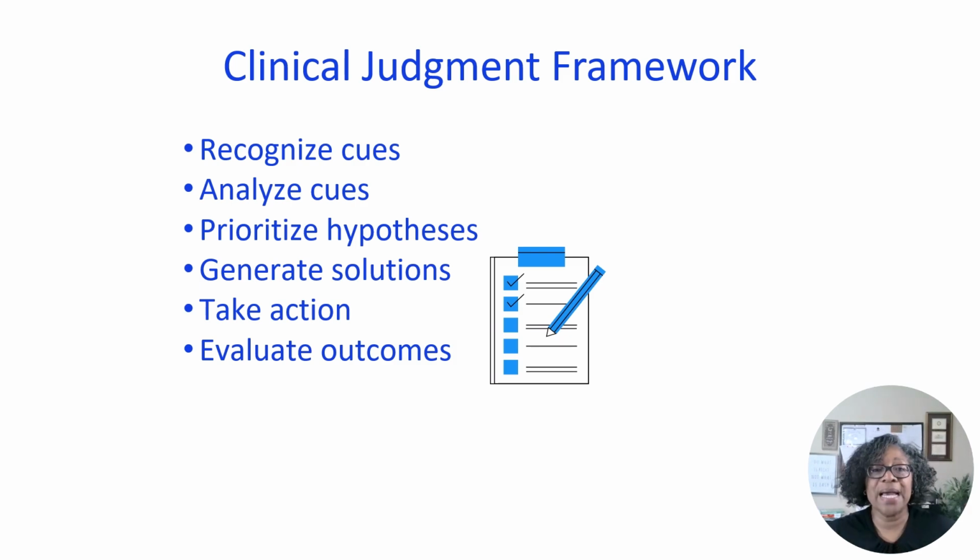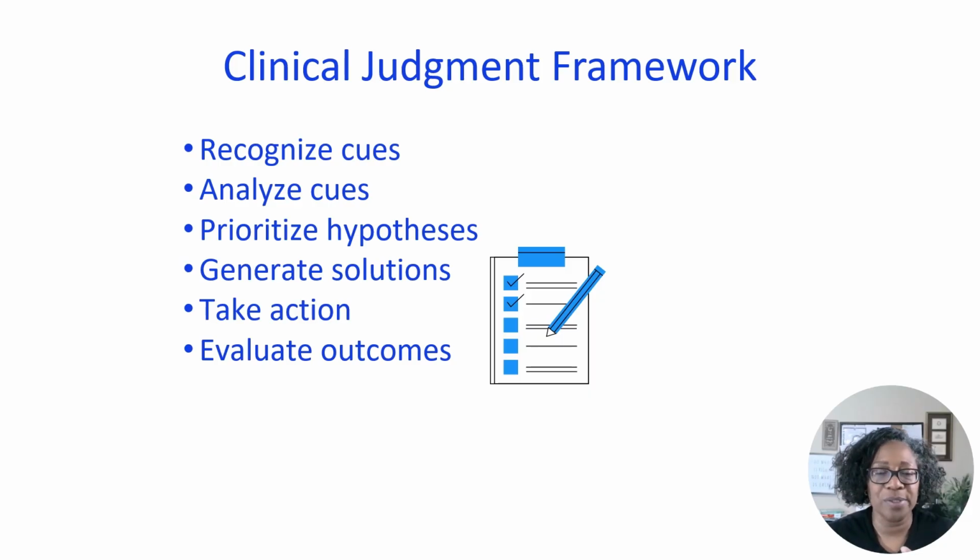All right, before we jump into all of this, let's think about how the NCLEX really wants you to think and how they're going to test your knowledge of information. Every Next Gen case is built around the six steps of the clinical judgment model. With these two case studies, we're going to be going through this together.